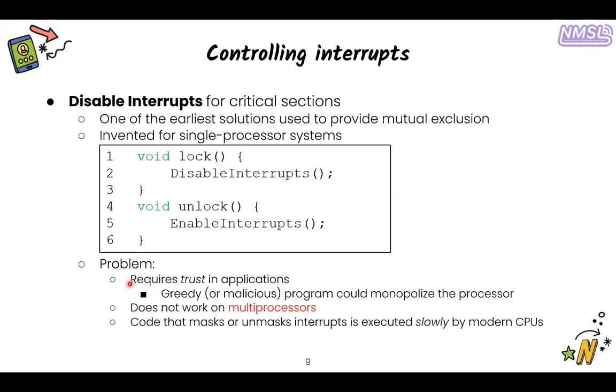However, this requires way too much trust in applications. An application could say, oh, I'm just going to get a lock, and you don't unlock it. You just have exclusive access to the CPU the entire time and nobody else has it. Malicious.